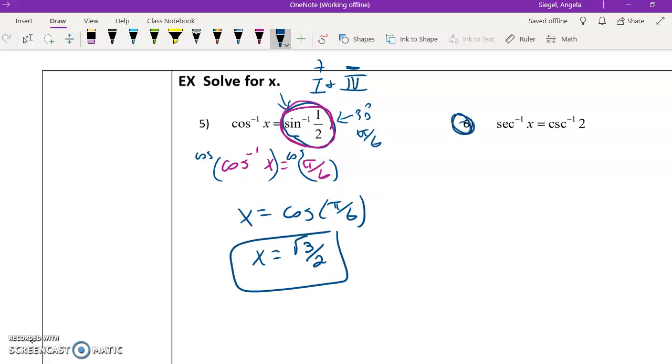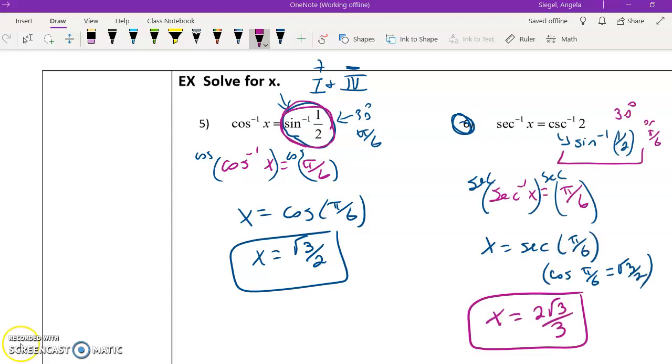Okay, go ahead and try number 6, and I'll go through it on my own, and we'll see if we're in the same spot. Okay, so the tricky part about this is that it's a reciprocal function. So I went ahead and changed it to sine to kind of wrap my mind around that. If you'll just focus on this section right here, I figured out that my angle measurement was 30 degrees or pi over 6.